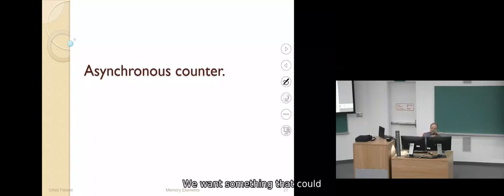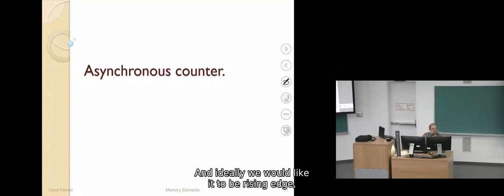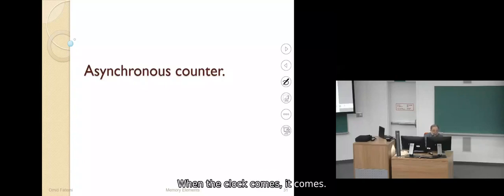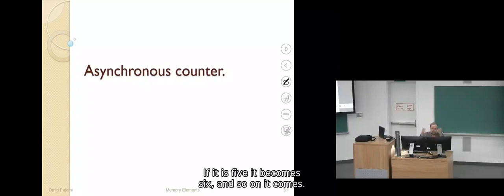We want something that could count with the clock cycle. When the clock comes, and ideally we would like it to be rising edge triggered, not level triggered, it counts. If it is 2, it becomes 3. If it is 5, it becomes 6, and so on. It counts. So we would like to build a counter.